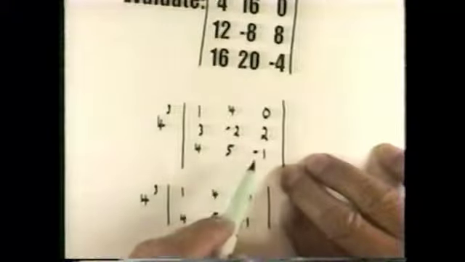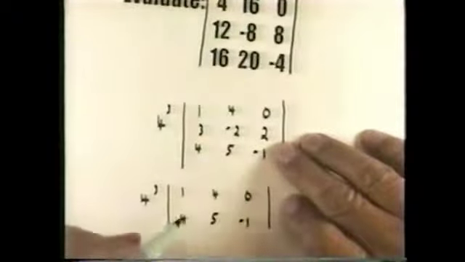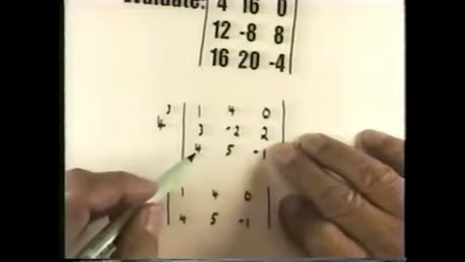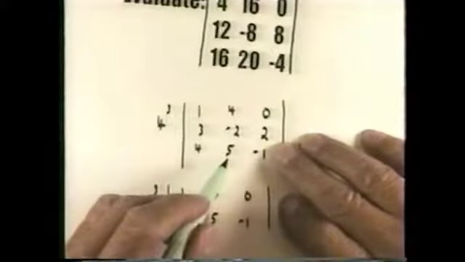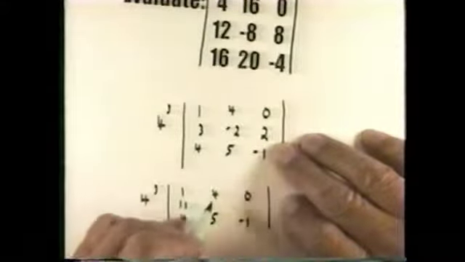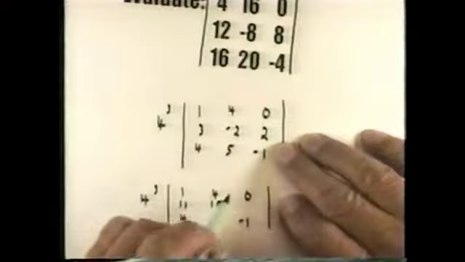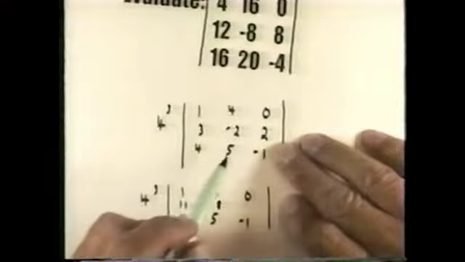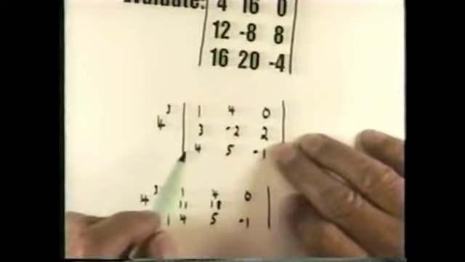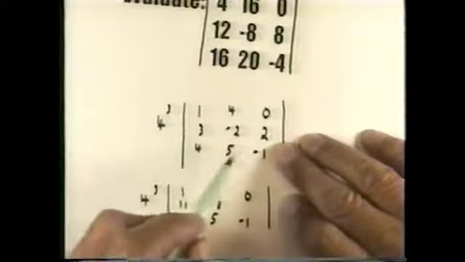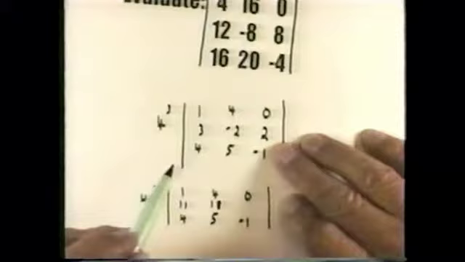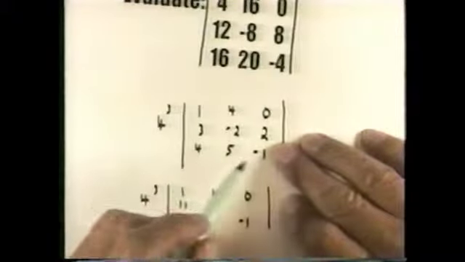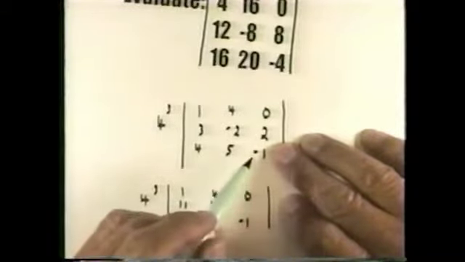I'm going to multiply row 3 by 2 and add to row 2. 4 times 2 is 8, 8 and 3 is 11. 4 times 5 is 20, 20 plus a negative 2 is 18. I'm multiplying row 3 by 2, adding to this one.